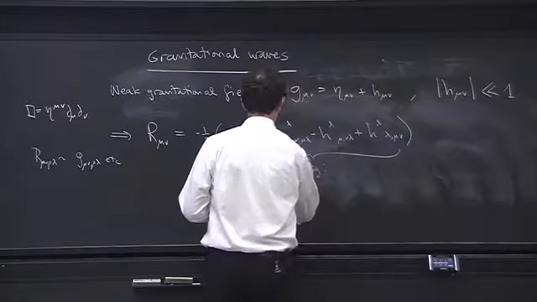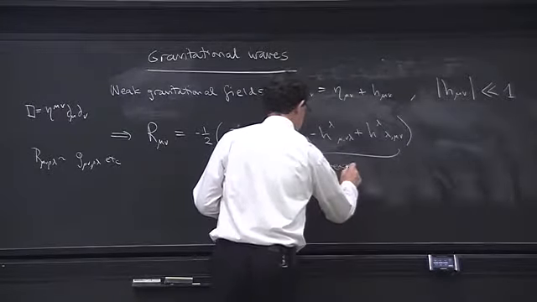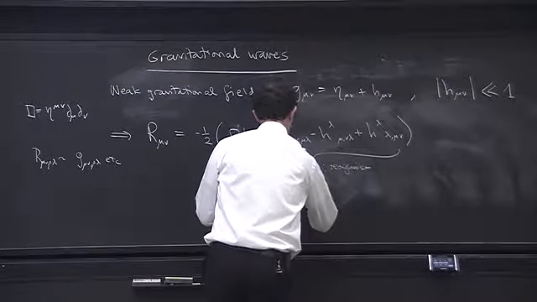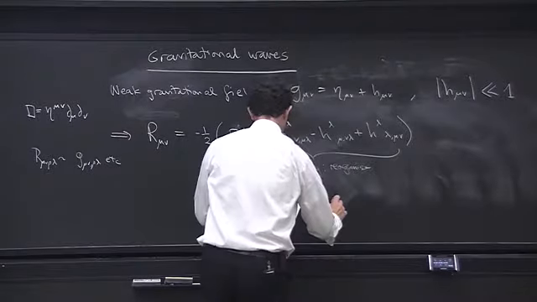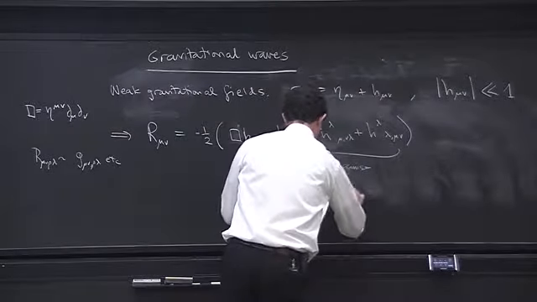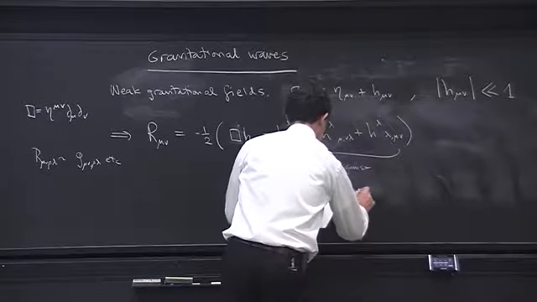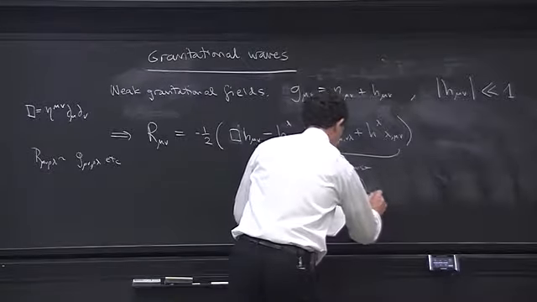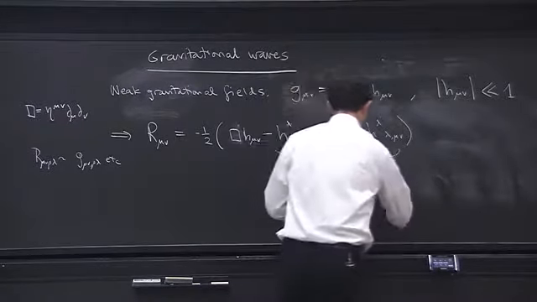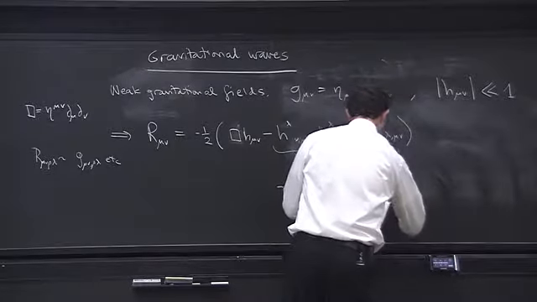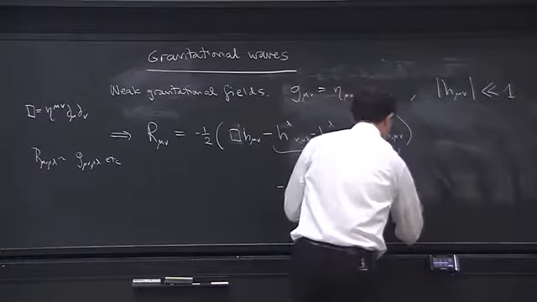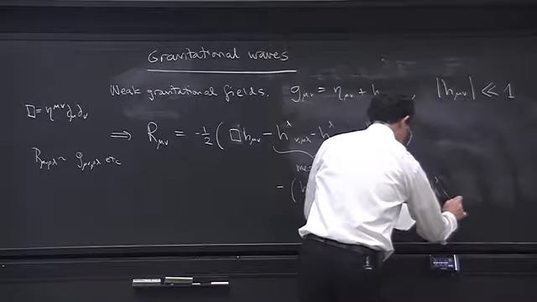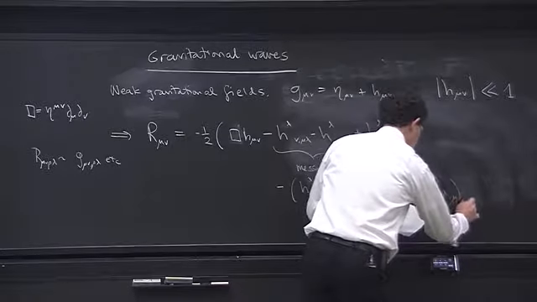You can write them as minus (h^λ_{ν,λ} minus 1/2 h^λ_{λ,ν}) all comma μ, and then the same thing with μ and ν interchanged: (h^λ_{μ,λ} minus 1/2 h^λ_{λ,μ}) all comma ν.